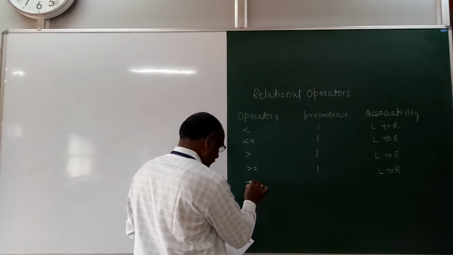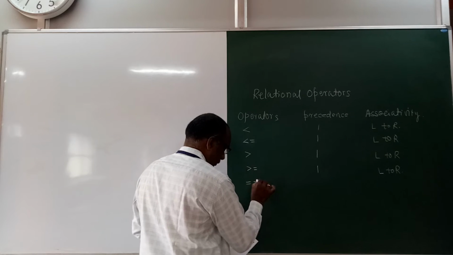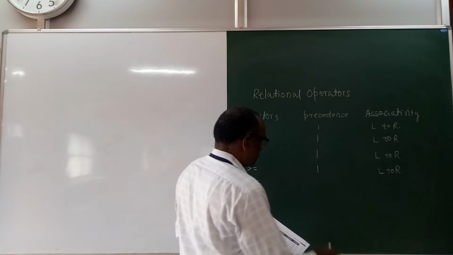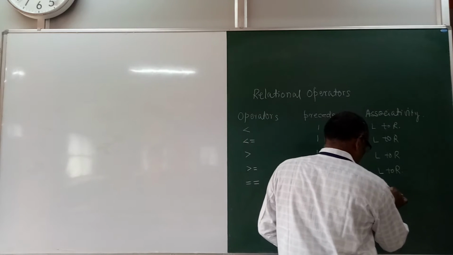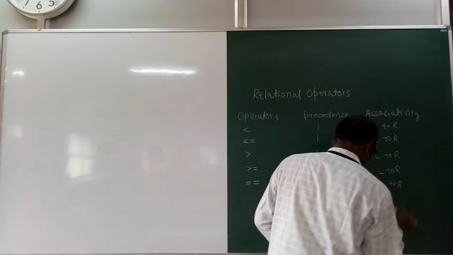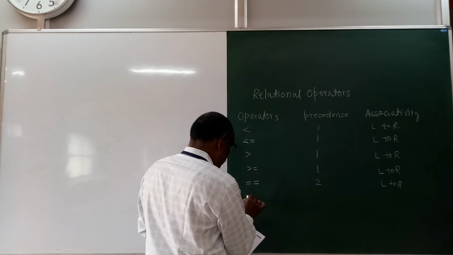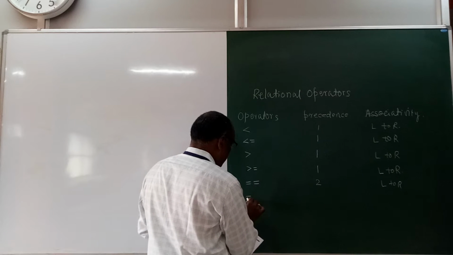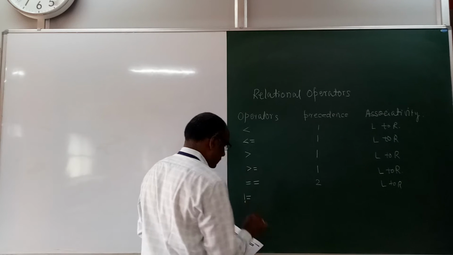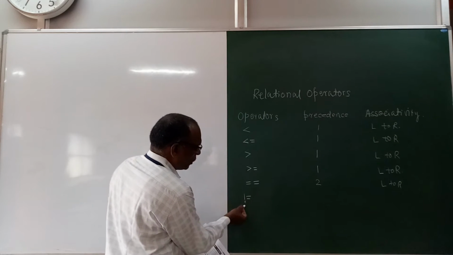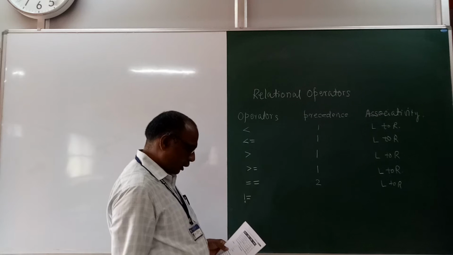Equal to, this priority is second, that is left to right, again. Not equal to, that is the equal sign and exclamation mark. This is the symbol of not equal to.